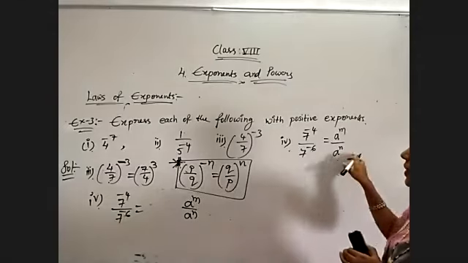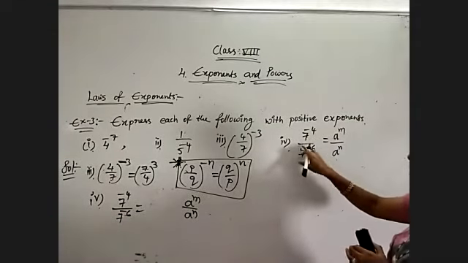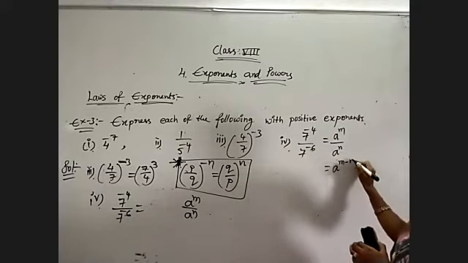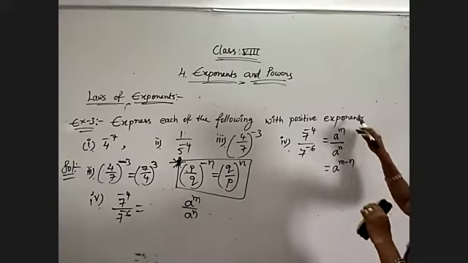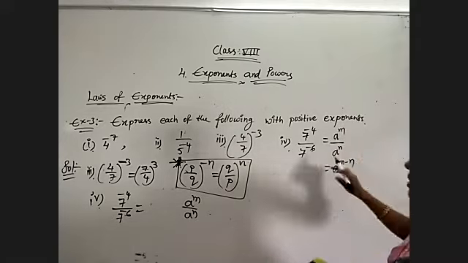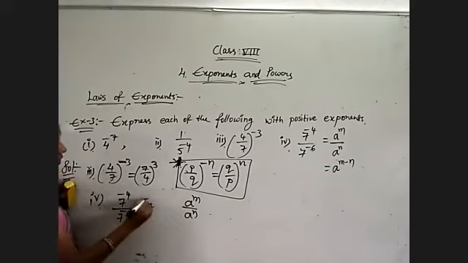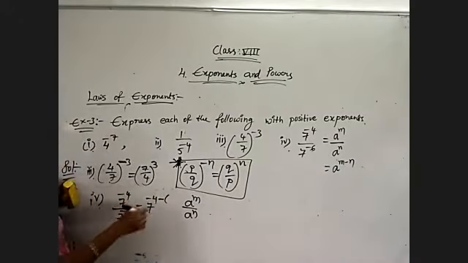Now coming to this one, bases are same, exponents are different, and between them a division operation is there. So that is nothing but a to the power of m minus n. Yes or no? Bases are equal and division operation is there, so we need to subtract the exponents. So that is 7 to the power of m value, minus 4, minus n value, minus 6.